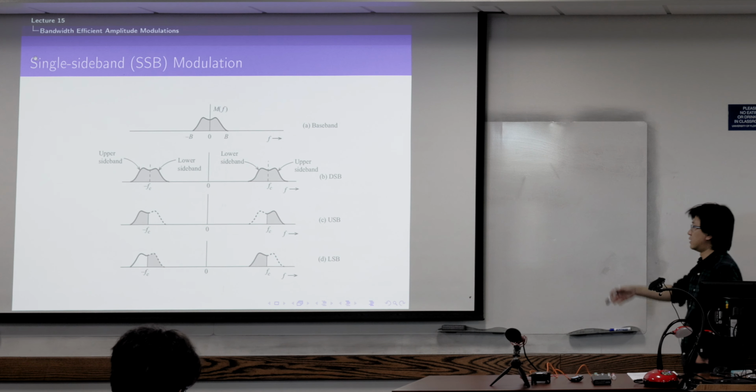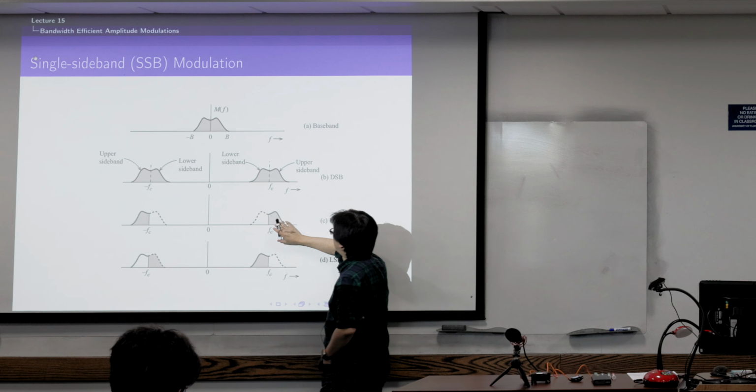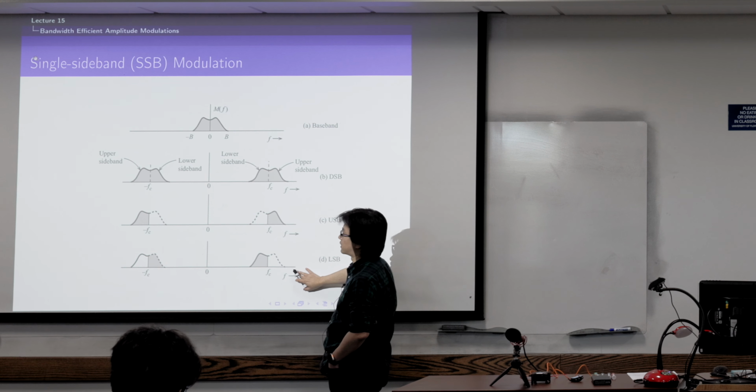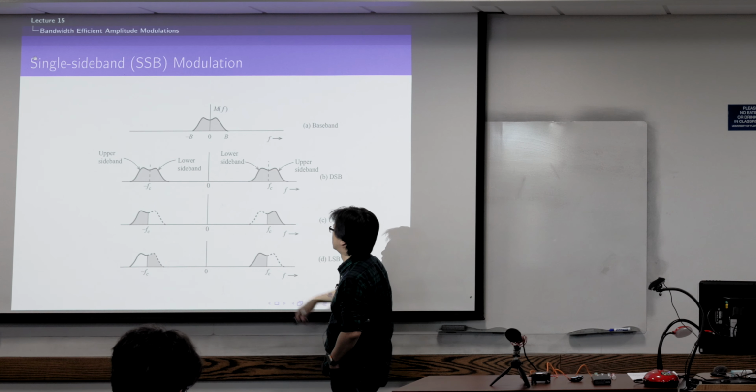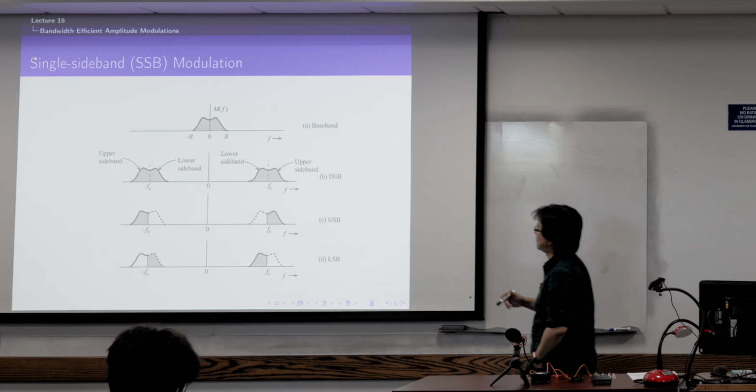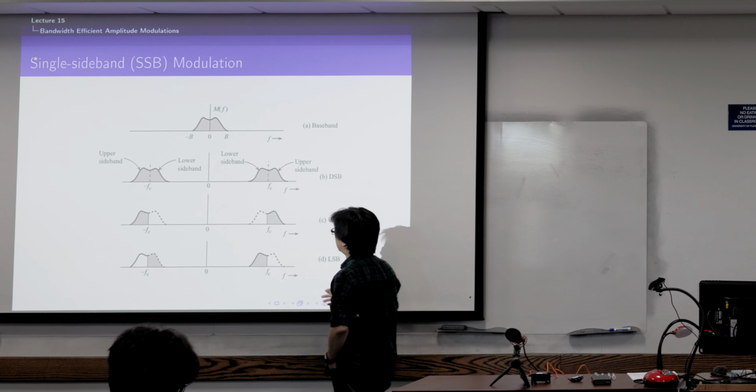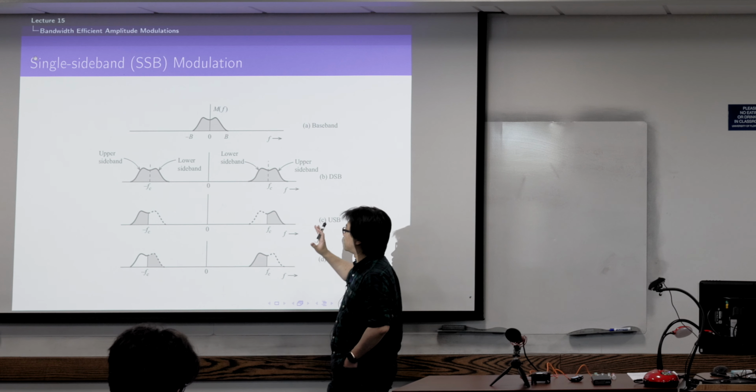Here's a figure to summarize it. This is our DSB signal, this is the upper sideband modulation, and this is the lower sideband modulation, right? I want to emphasize one more thing here. You can see it may not be that easy to do.